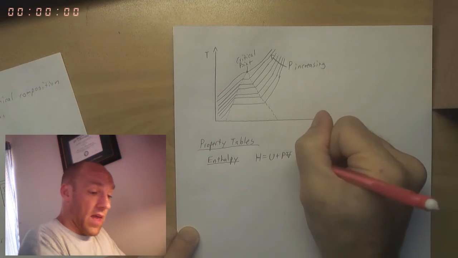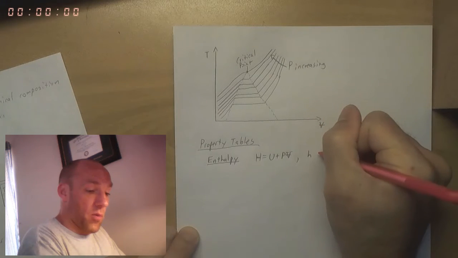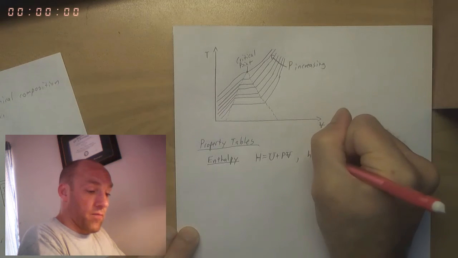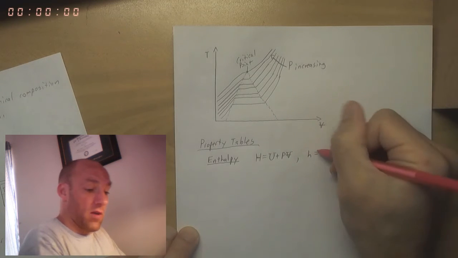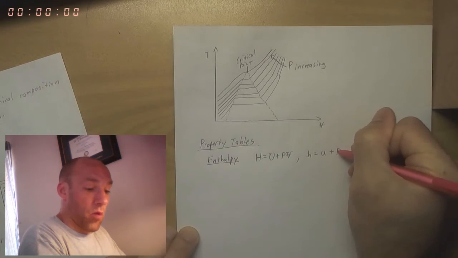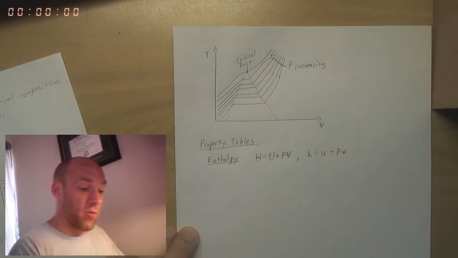Okay, and then on a per unit mass basis, the specific enthalpy is given by the specific internal energy plus the pressure times the specific volume.